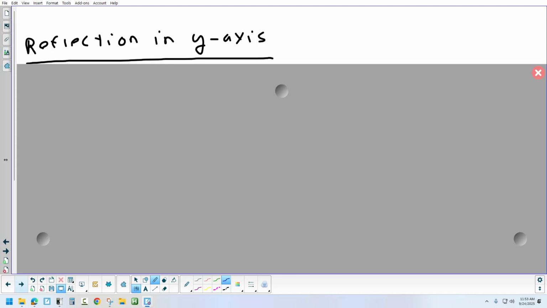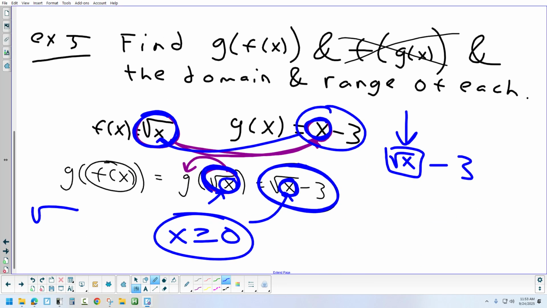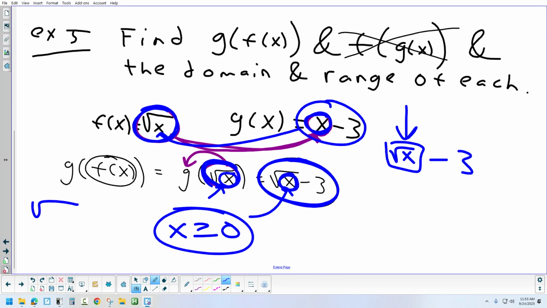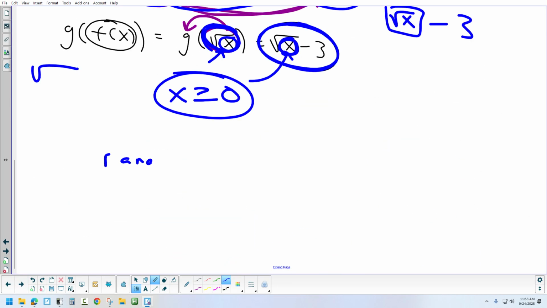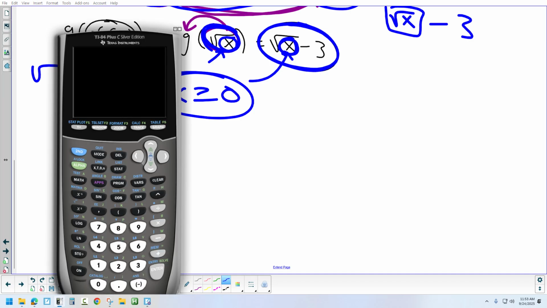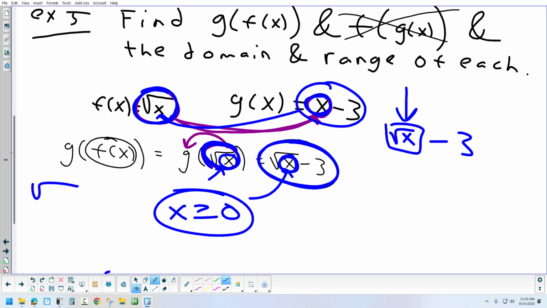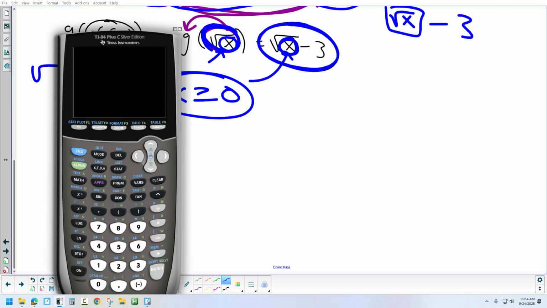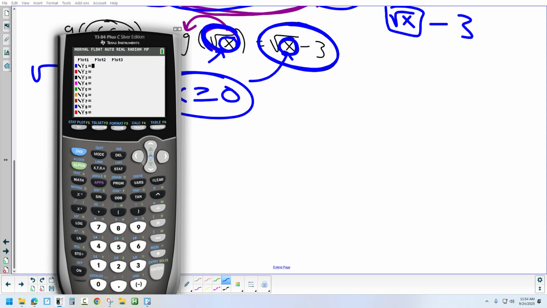Like when we did quadratics yesterday? Did we find the range on that one? Did we do the range? Oh, I'm sorry, I skipped the range. So for the range, just graph it and look at how high and low it goes. Square root of x minus 3.